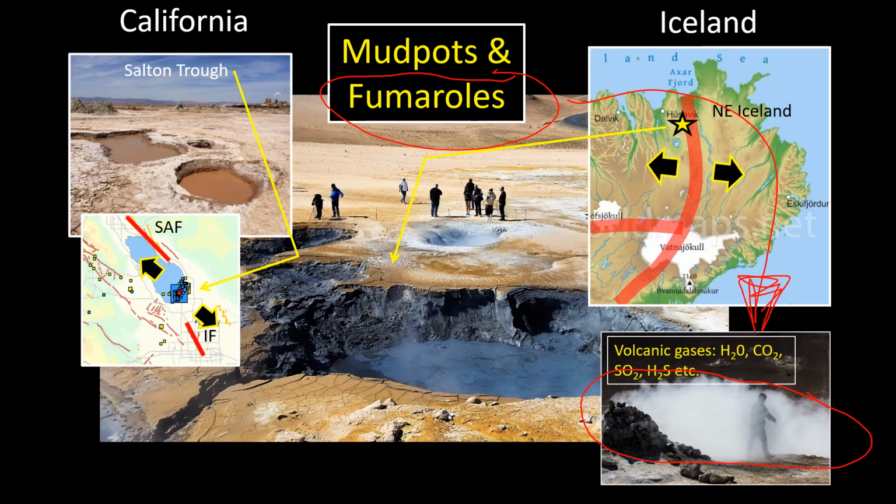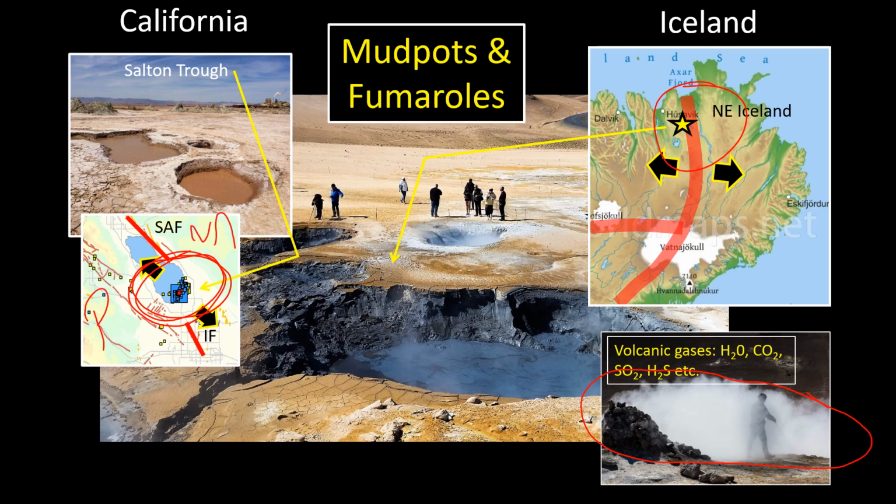What's also kind of interesting is that Iceland shares some similarities geologically with southeastern California along the San Andreas Fault. Here in Iceland, there's a divergent plate boundary. That's what allows geothermal heat to migrate close to the surface. And we actually see the same thing happening along the southern end of the San Andreas Fault, along the plate boundary between the Pacific plate to the west and the North American plate to the east.